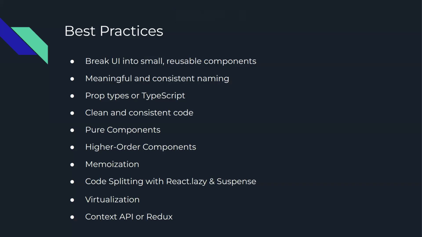But for example, if there are three components A, B, and C, and we are passing data from A to C, we need to go through B. We need to pass data from A to B and then B to C, but we need the data only in C. The component B doesn't need the data, but we have to pass it through this child hierarchy, right?